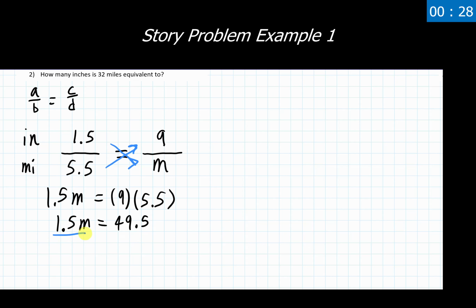I need to divide both sides by 1.5. Again, doing a calculation off screen, m is going to be equal to 33. So there I have my final answer. These 9 inches are equivalent to 33 miles.